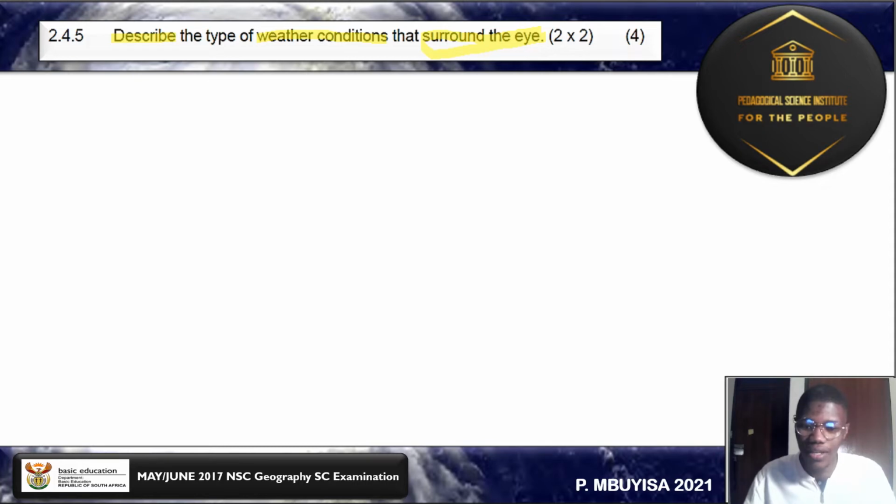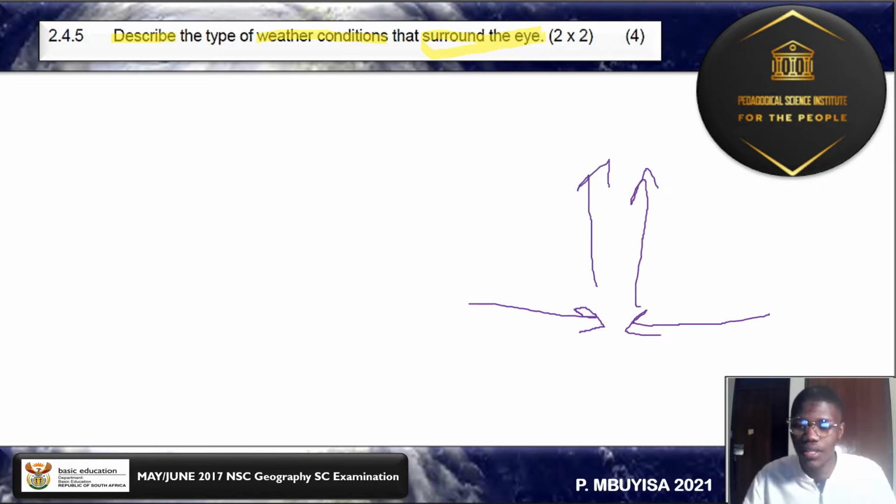So remember, your eye forms as a result of warm air rising. So it first converges, rises, diverges, right? Converges, rises, diverges. Forgive me for the handwriting. I'm pretty sure we are now used to it, but it's way better than last time.